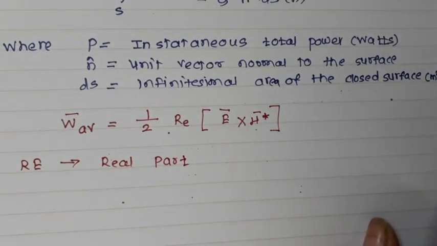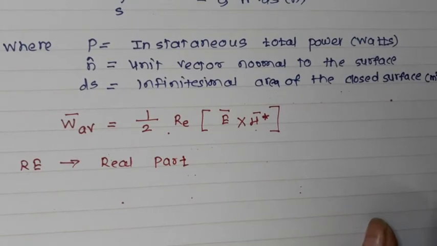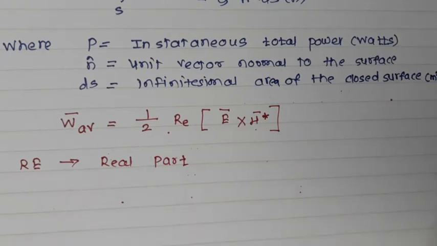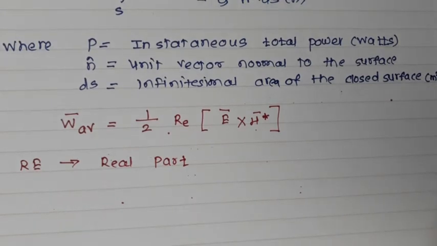Remember that E and H in the above equation represent the peak values, not the RMS values, and this is the reason why the half factor appears in the expression. The power density associated with the electromagnetic fields of an antenna in its far field region is predominantly real and is normally referred to as the radiation density.